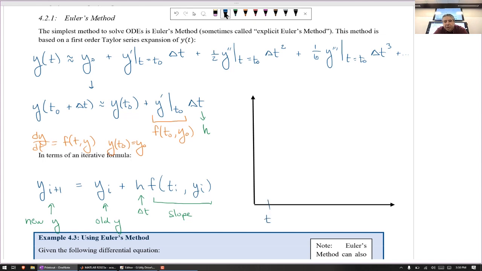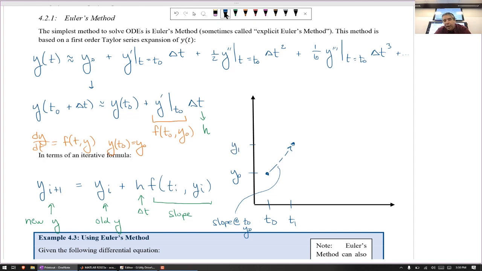I start out with my initial condition at t naught and y naught. With my differential equation, I can calculate the slope at t naught, comma, y naught. So when I go off in that direction, as far as my delta t will take me, so now I'm at t1, that will calculate for me my y1.